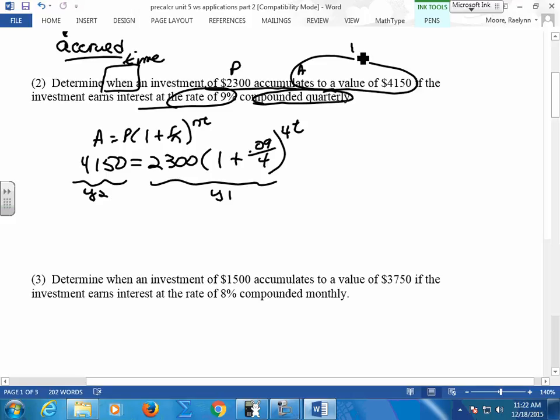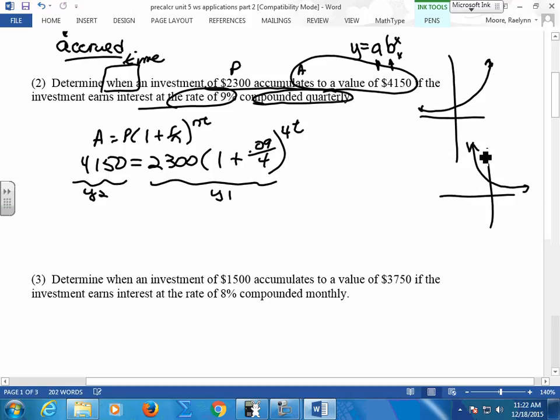They all work off of this, guys. Watch up here for a second. This is my basic format. This is my initial value. This is my rate. This is my time. All of your graphs are going to either be increasing or they're going to be decreasing. They're going to all look like this.